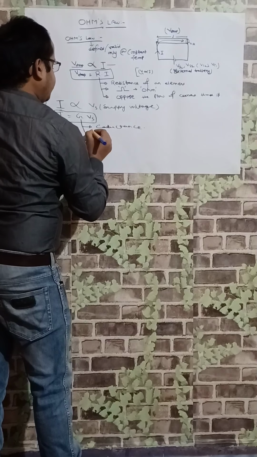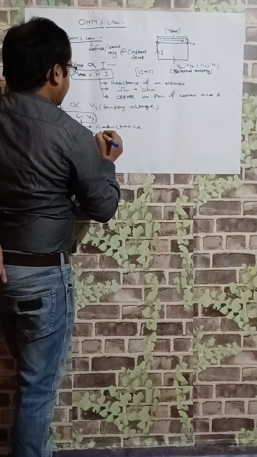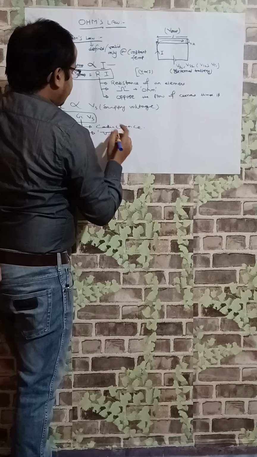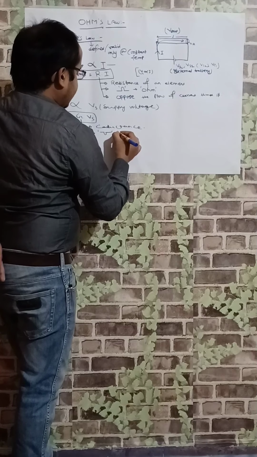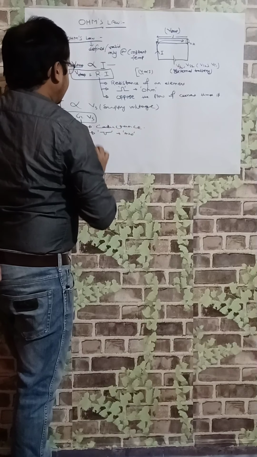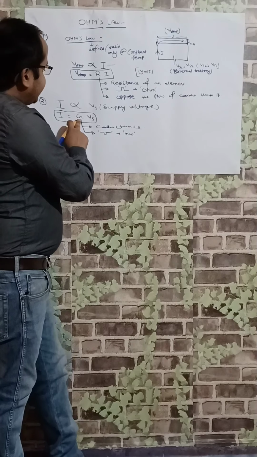Its unit is just the opposite of resistance, mho, written as mho. How is it defined?